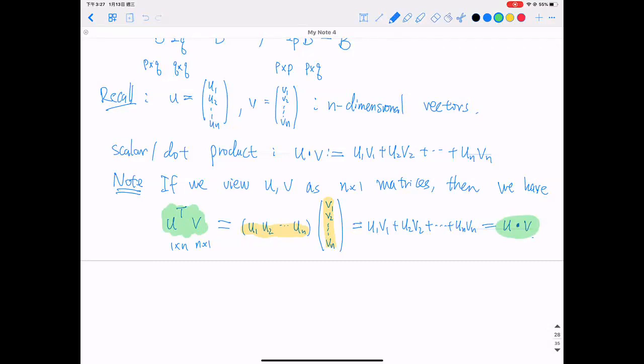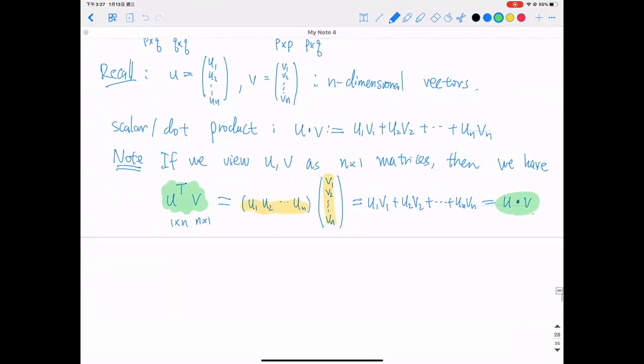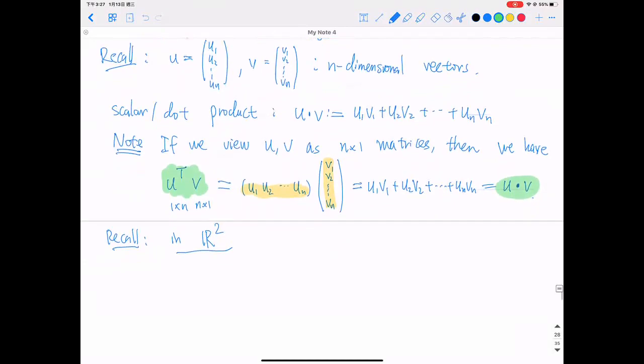Okay. And now, also recall in R2, you have points on the plane corresponding to pairs.